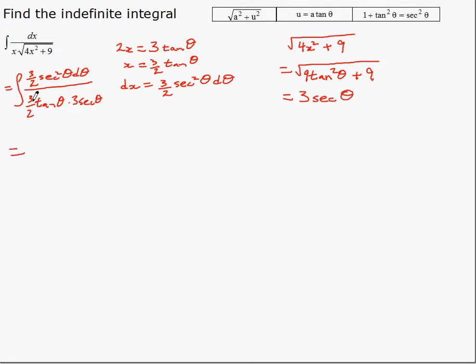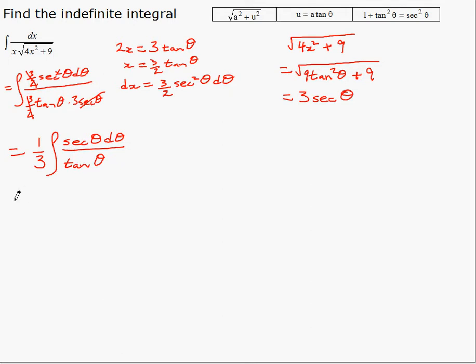So simplifying, 3 over 2 and 3 over 2 can cancel. A secant cancels with a secant, and we're left with 1 over 3 times the integral of secant theta d theta over tan theta.